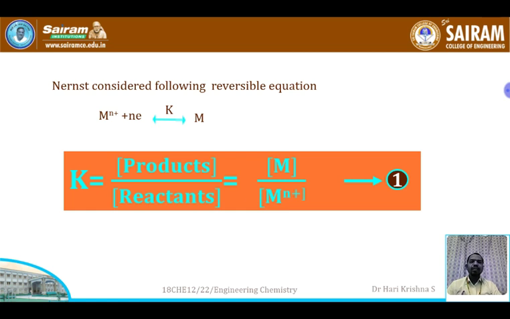We have different types of brackets: small brackets, flower brackets, and big brackets. If you write something inside the big brackets, it is termed concentration. So K equals concentration of M by concentration of Mn+. Let us consider this as equation number 1.